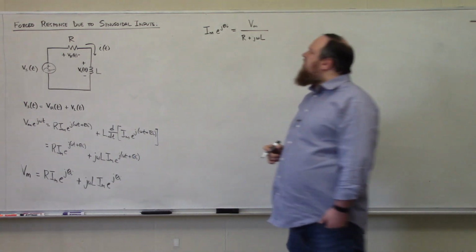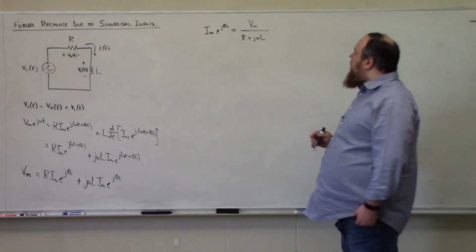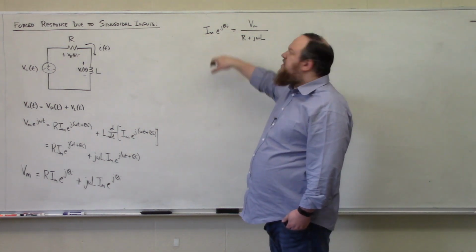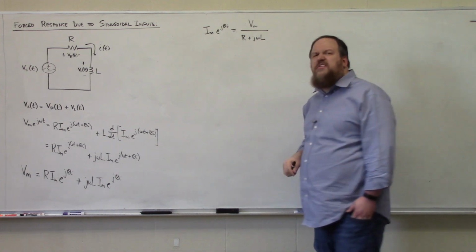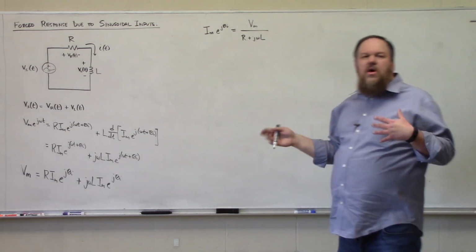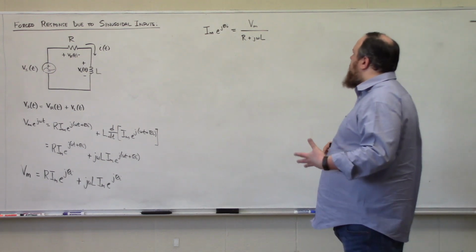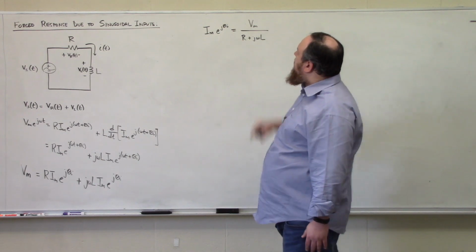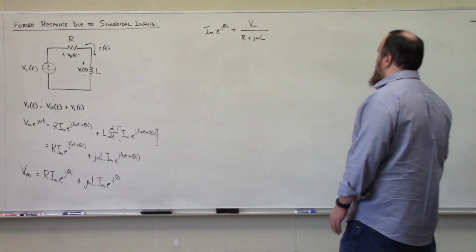Now this may not seem like much, but I want you to notice we have a complex number in polar form on the left-hand side and a complex number in rectangular form on the right-hand side. And since we know how to swap between those two forms, we can actually determine Im and theta I from just this relationship.